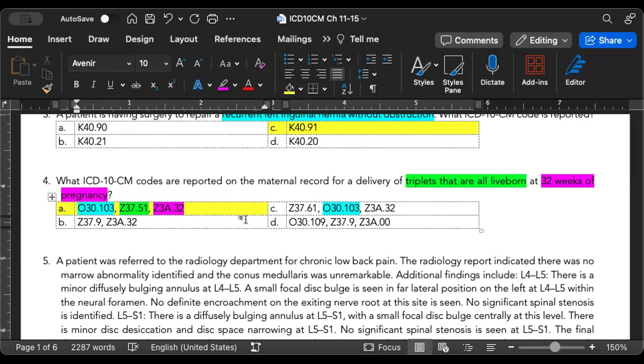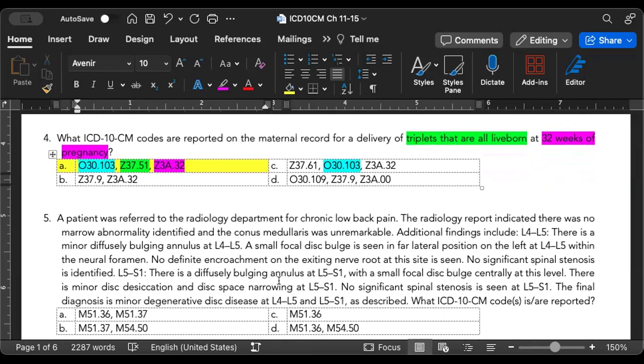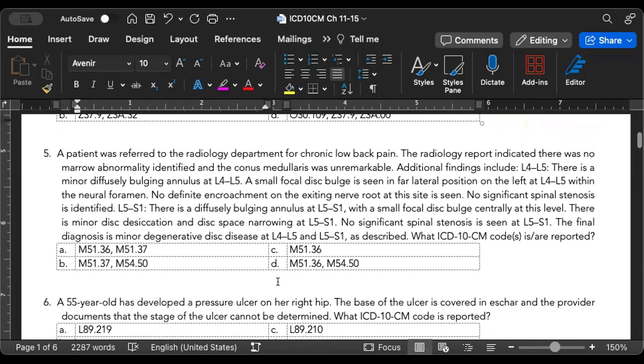So any questions on number 4, on any of the 3 codes for either the pregnancy of triplets, the outcome of delivery, or the weeks of gestation? Okay. Let's look at number 5.